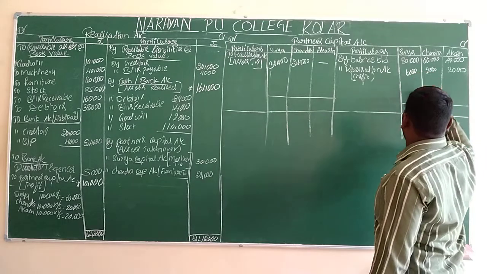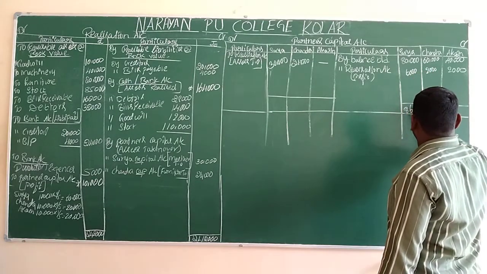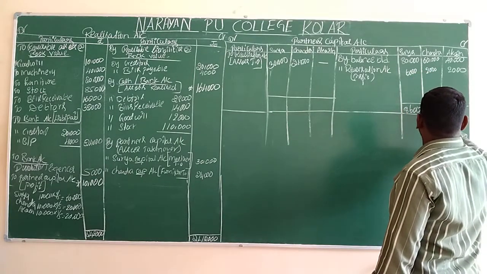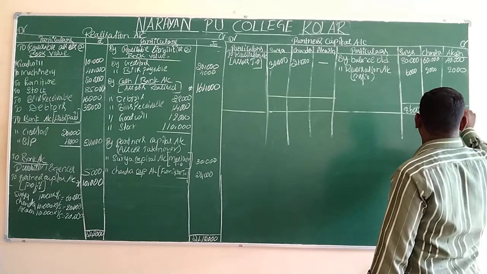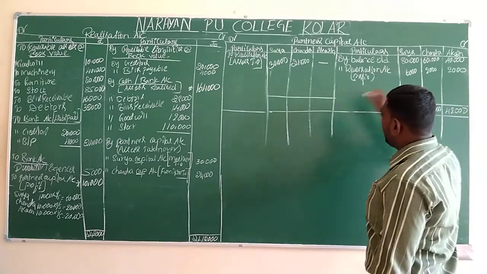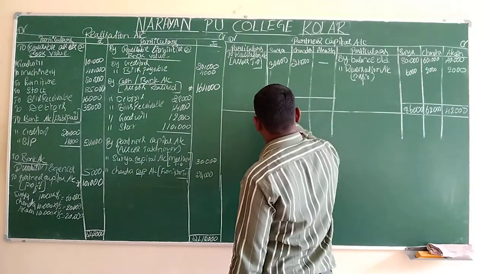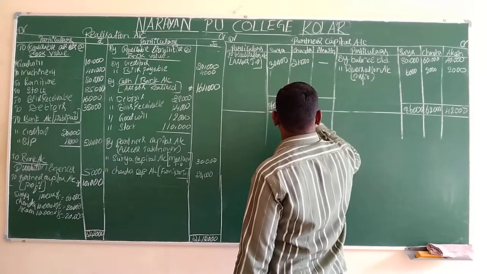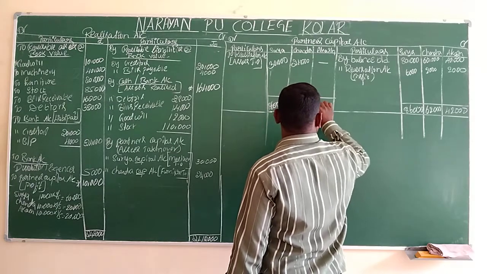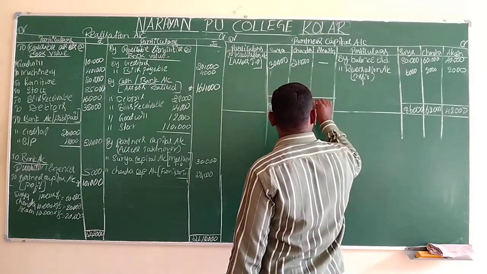So the totals are 86,000, 62,000, 42,000. The same balances we transferred here: first partner 86,000, 62,000, 42,000.